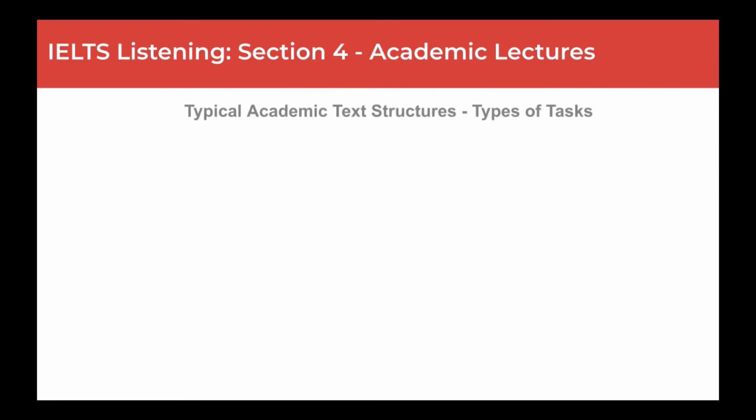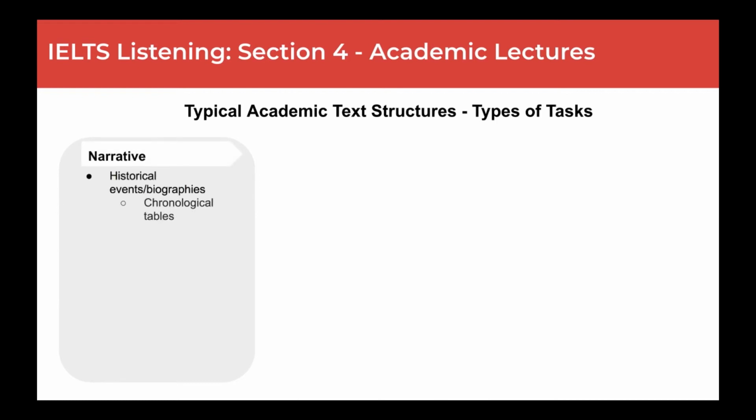And as I have said, depending on the type of lecture, usually the task creators choose certain tasks which are more appropriate, for example, for narrative texts such as historical events and biographies. It makes sense to organize questions in chronological tables, notes completion. For descriptive type of text, you can be asked about main features, which could be in just multiple choice.